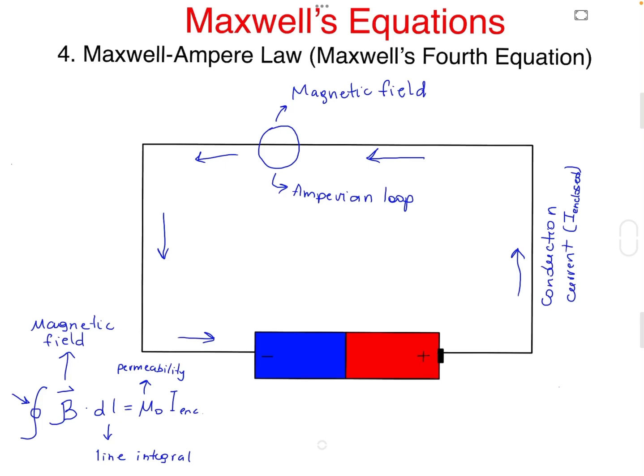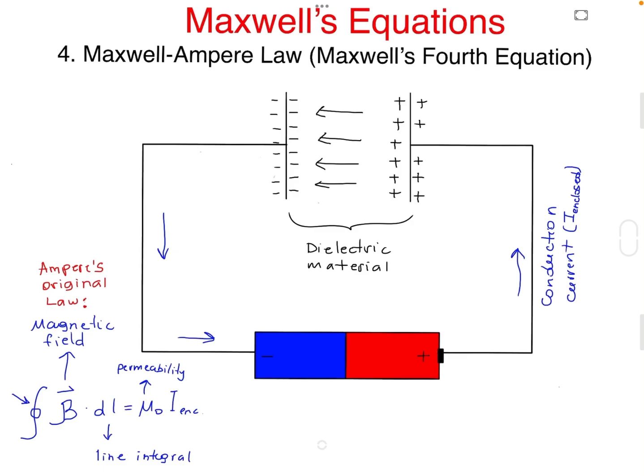However, what if the current is not constant? What if we have some kind of dielectric material here? Here I drew a capacitor right in the middle. It has a dielectric material where the current doesn't pass, and the positive and negative charges accumulate there. That's how a capacitor works.